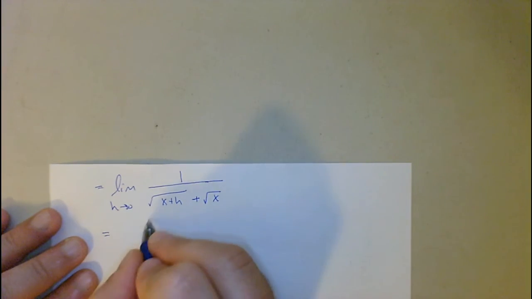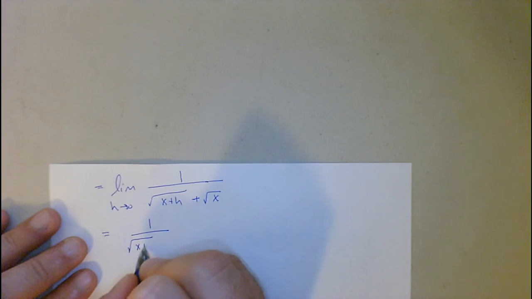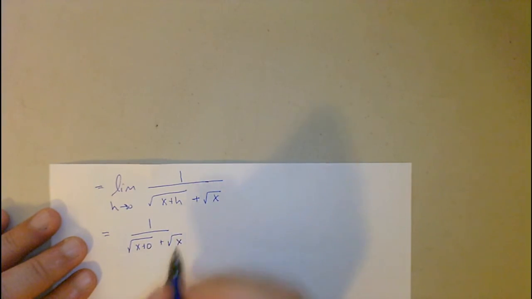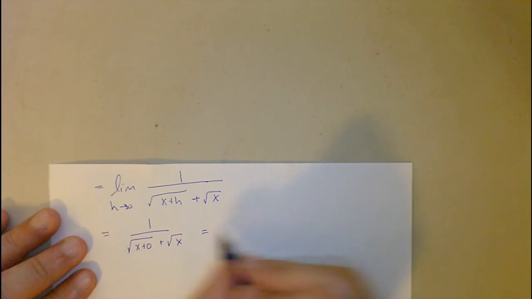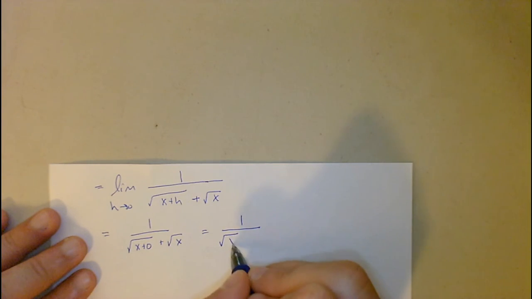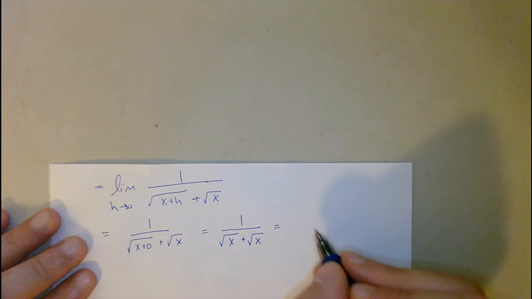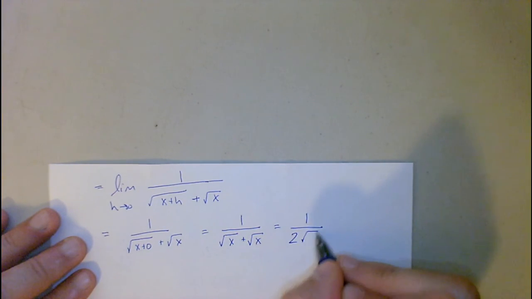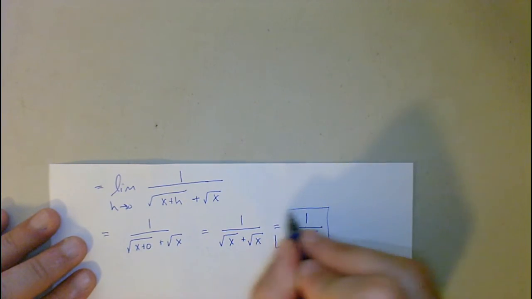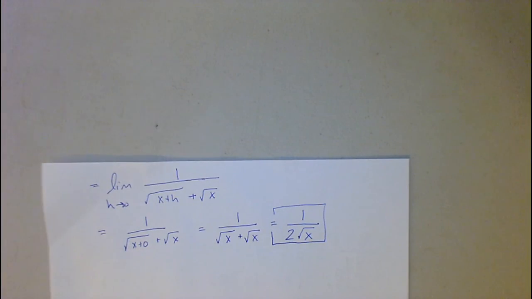I get 1 over the square root of x plus 0 plus the square root of x. X plus 0 is just x, so I get 1 over the square root of x plus the square root of x. Or something plus itself is 2 of that something. I get that right there. So there is the mathematical proof of the square root of x's derivative being 1 over 2 root x.